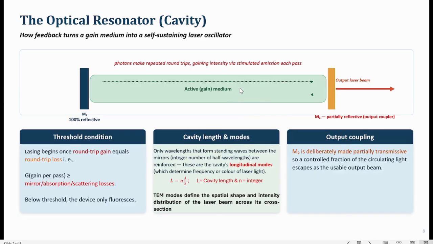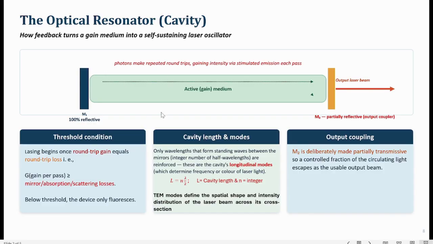Now we have to understand what is actually the gain and what are the various losses that may occur inside this cavity. The different losses that may occur inside this cavity are the mirror losses, absorption losses and scattering losses. Some of the photons that are emitted may be absorbed, some may be scattered, and some others may be absorbed by these mirrors.